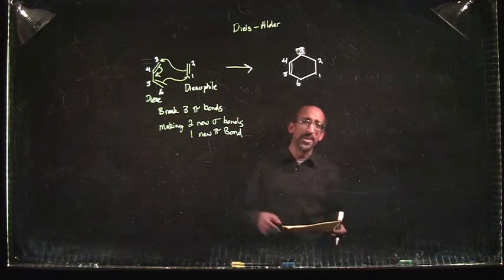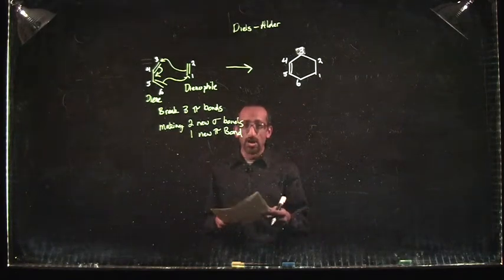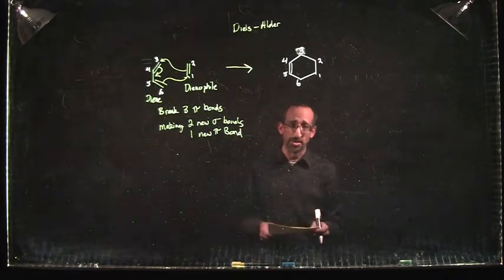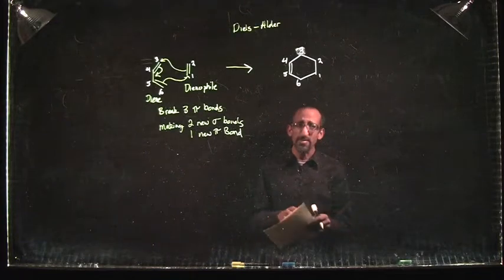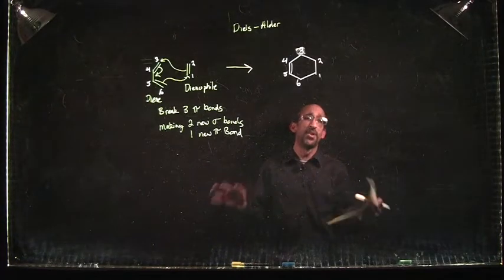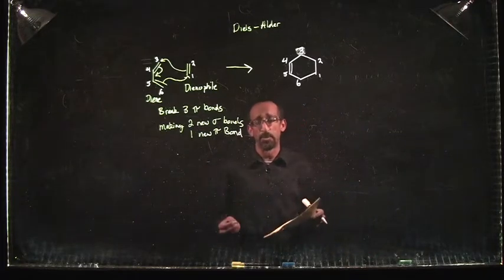So before we get into all that, I just want to give you a little bit to know. There is a lot that goes into the Diels Alder reaction. There's a number of different kinds of Diels Alder reactions. And this is a very, very broad topic that we just don't have the time to get really in depth with.